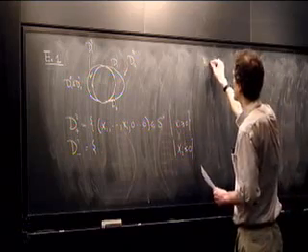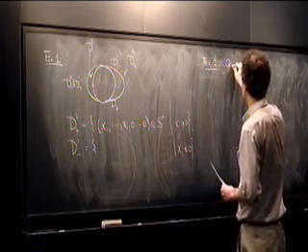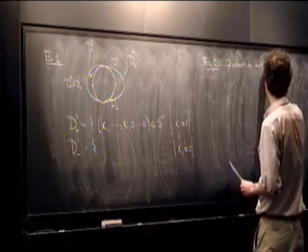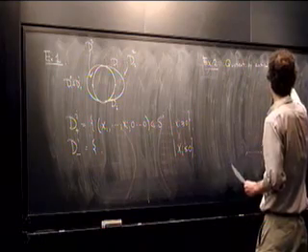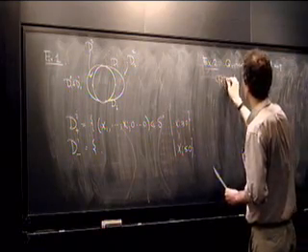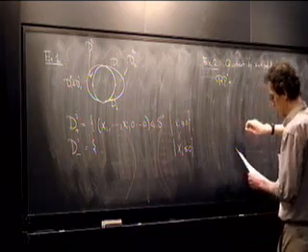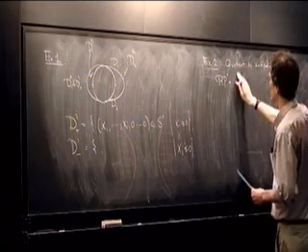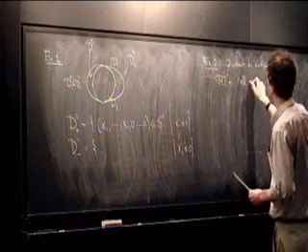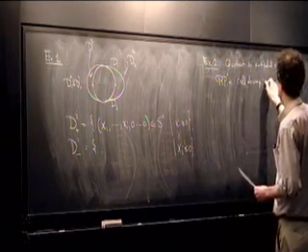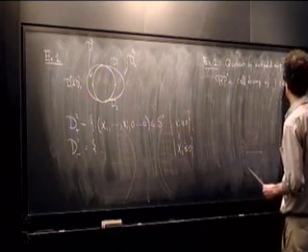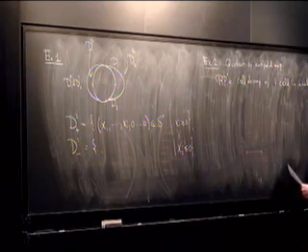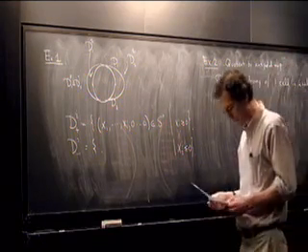And so, example 2, if we quotient by the antipodal map, then what we see is that RP^n has a cell decomposition with one cell in each dimension, 0 up to n.